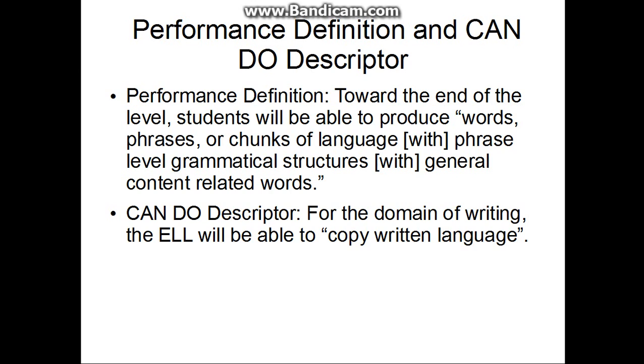Similarly, for the can-do descriptor, for the domain of writing, the English language learner will be able to copy written language. And we'll keep those definitions and descriptors in mind when we get to writing the objective.